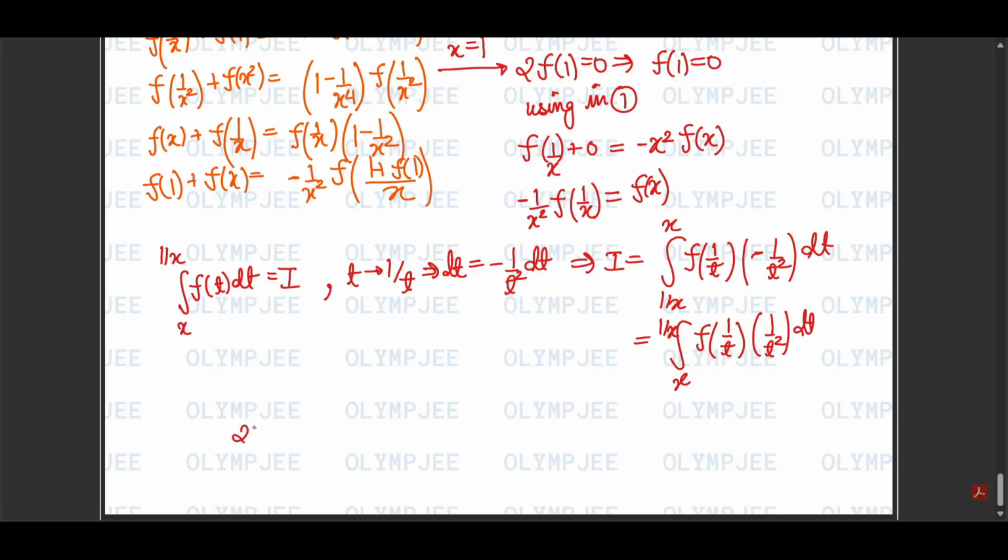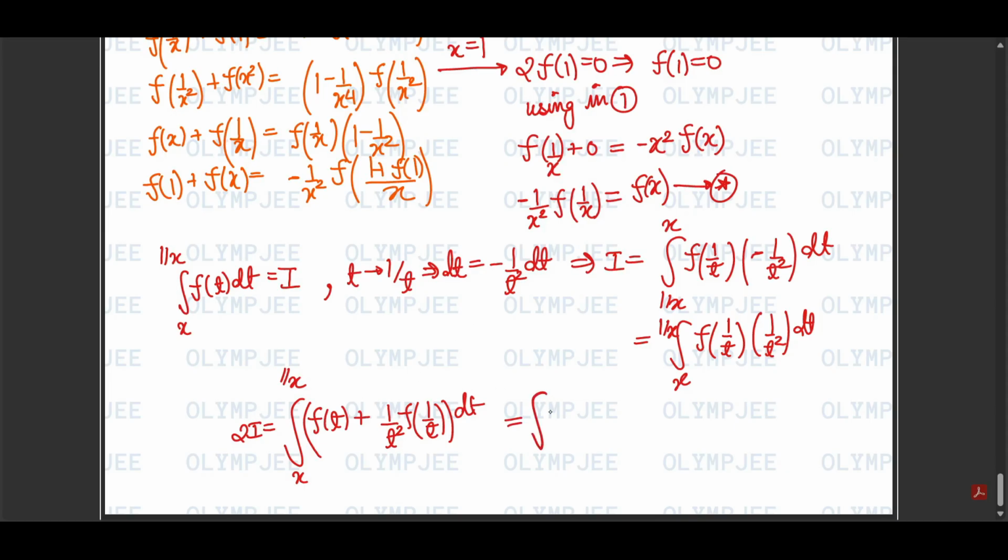So 2I will be equal to the integral of f of t plus 1 by t square f of 1 by t dt from x to 1 by x, and using this thing we'll find out that these two terms will get cancelled out.